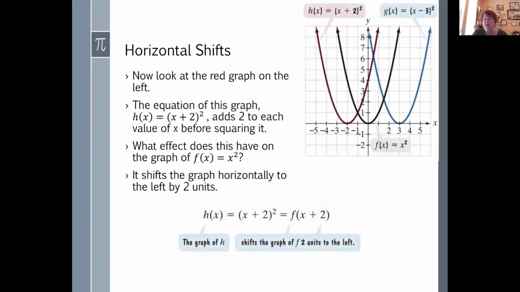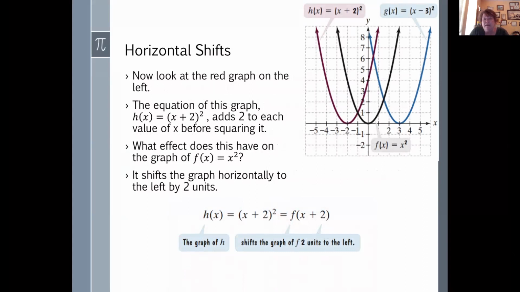What about a shift to the left? Now let's look at the red graph. The red graph is the graph of the function h of x equals x plus 2 squared. So now we're taking our input and we're adding a constant. What effect does this have on f of x equals x squared? This shifts the graph horizontally to the left 2 units.